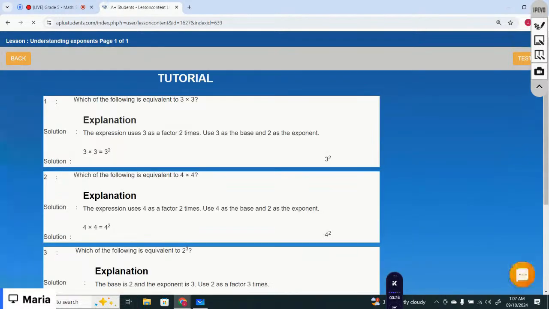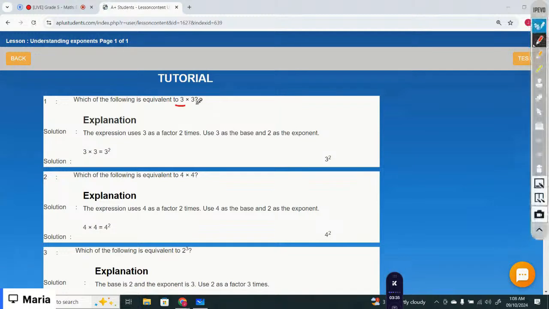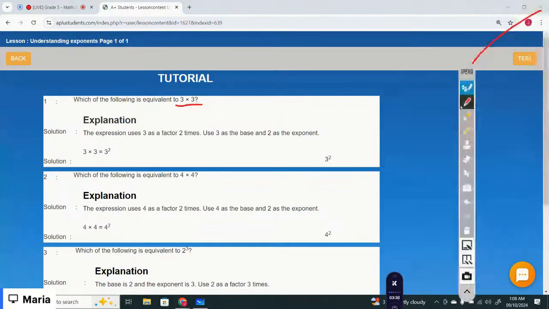Which of the following is equivalent to 3 times 3, right? So we are going to learn what the exponents are. So 3 times 3 means you can write it as 3 to the exponent of 2, right? 3 is the base and 2 is the exponent.